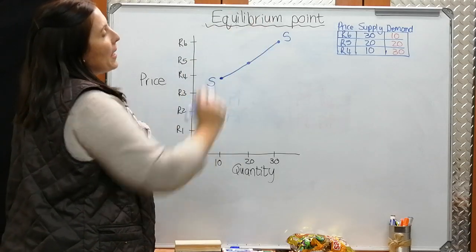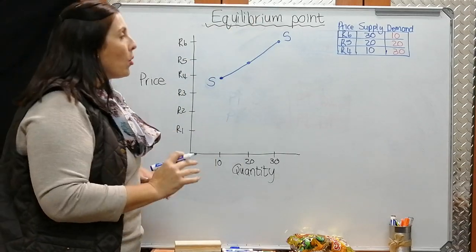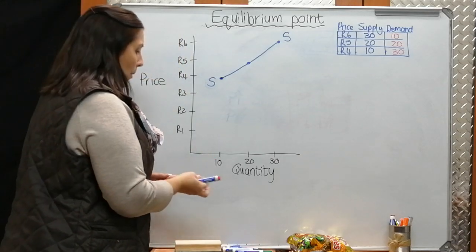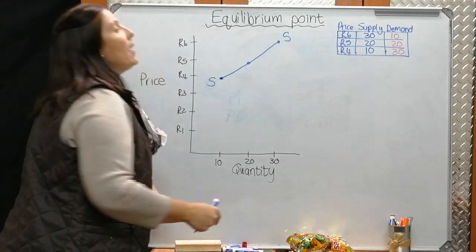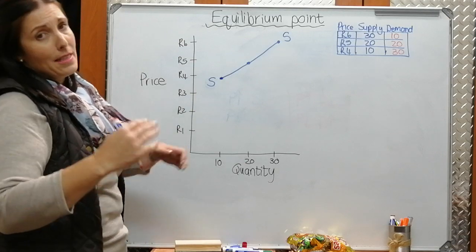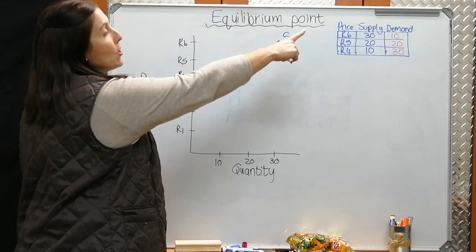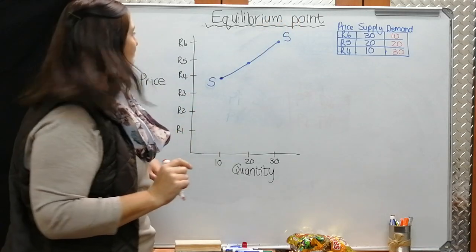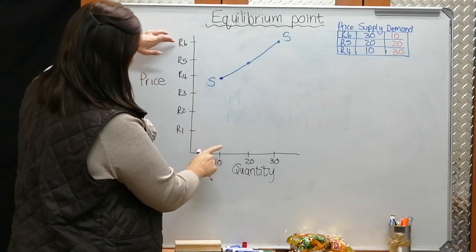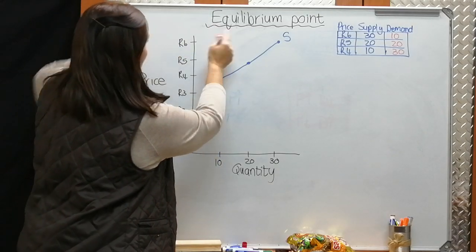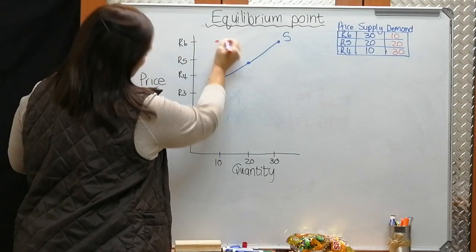Now we use the information for the demand schedule, and let's see what that looks like. Now we put ourselves in the students' shoes, and they obviously want to pay as little as possible for these chips. So at 6 Rand, the students only demanded 10 packets of chips. So where are we? 6 Rand and 10. Now you can see this one starts on this side. 10 packets of chips.